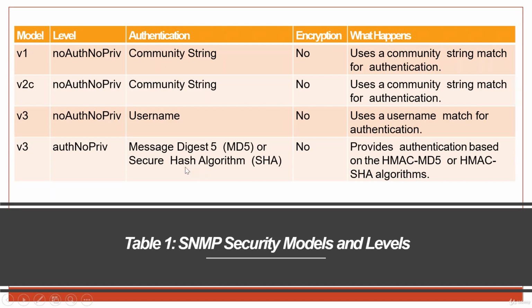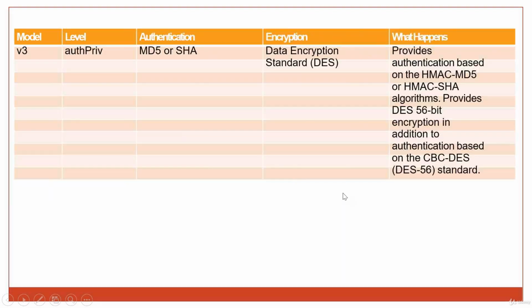At that time you have MD5, maybe SHA, and they will go and do the authentication. And finally it has auth and priv, where you are using both MD5 and DES56 as a data encryption. Okay, so these are the versions we have related to SNMP.